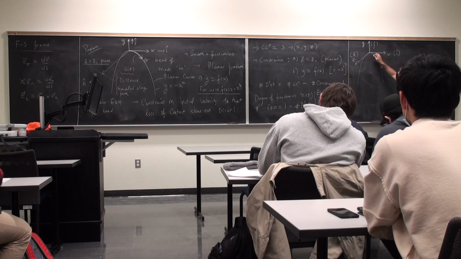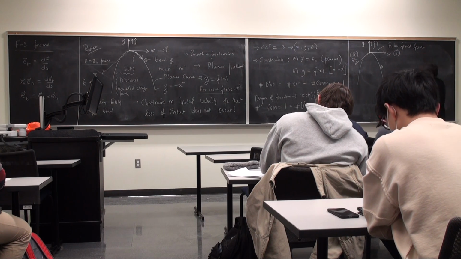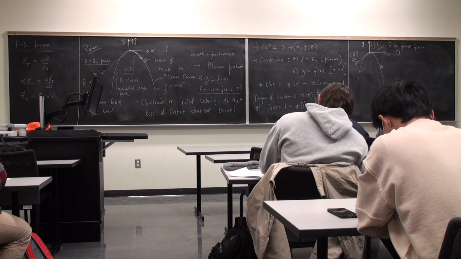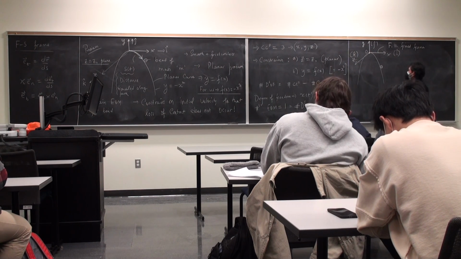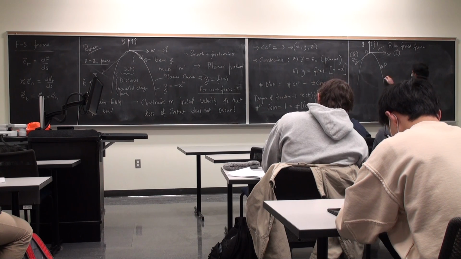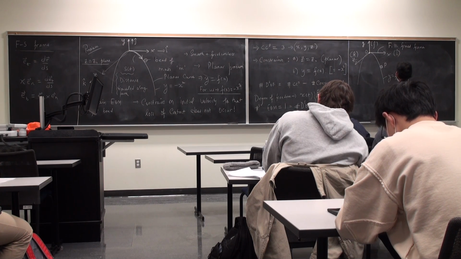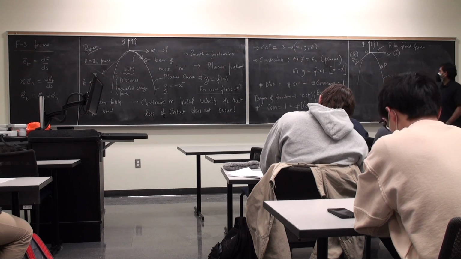So this is the frame F1. It's a fixed frame or an inertial frame. Okay. This is the origin O, particle P. This is y is a function f of x, and z is equal to z naught.